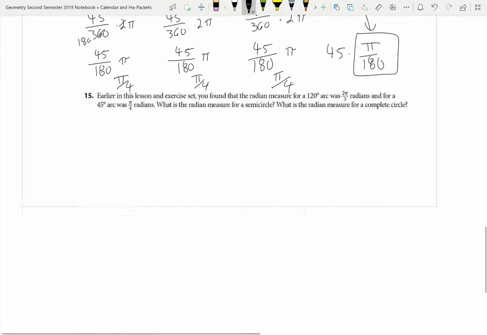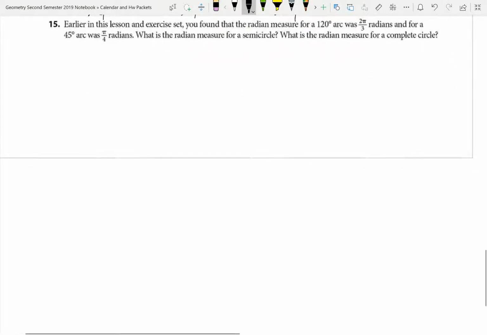And so what about a semicircle? Well, a semicircle is 180 over 360 times 2 pi r, and that's your arc length.